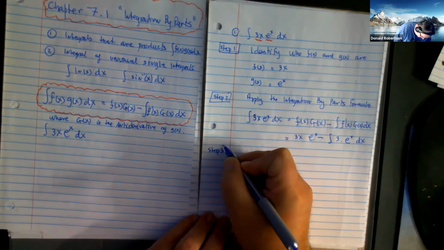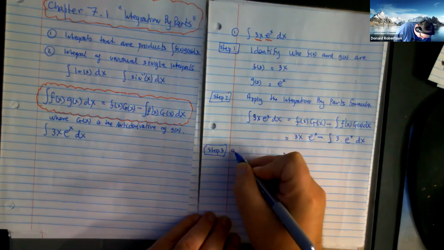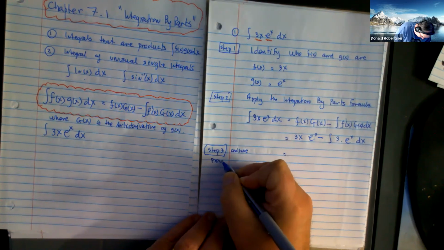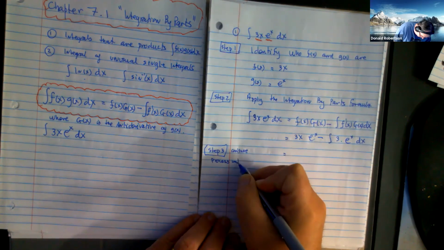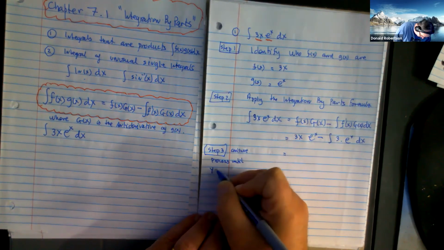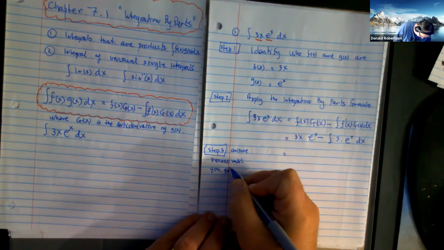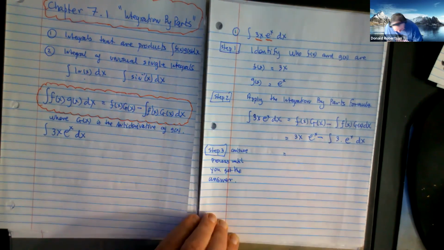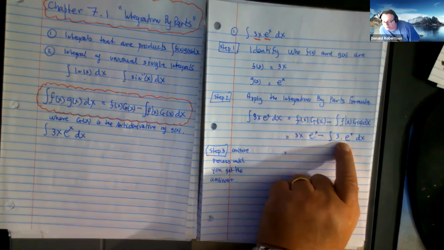Step 3. Continue the process until you get the answer. Would you agree that the integral of 3e to the x is something we can do? We don't need any special process for that.